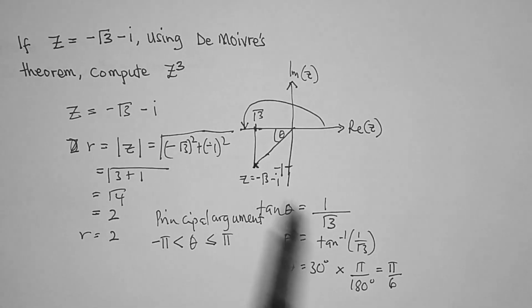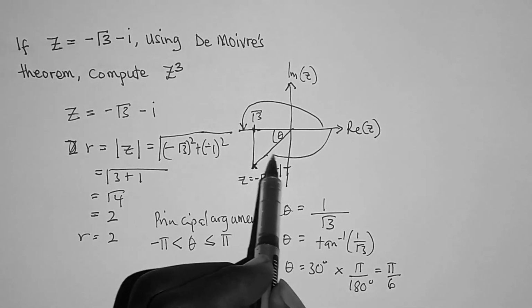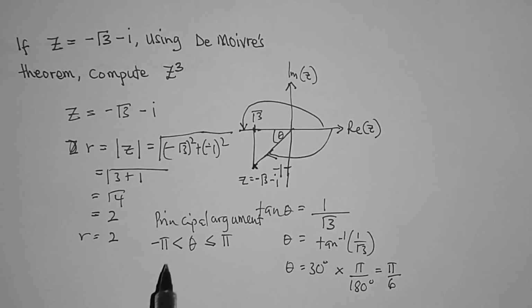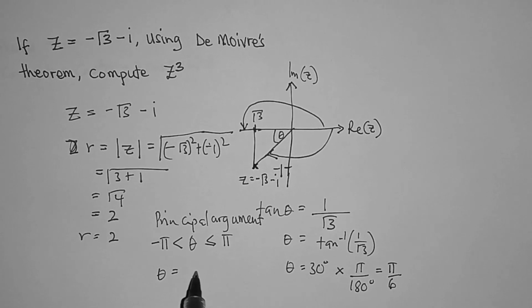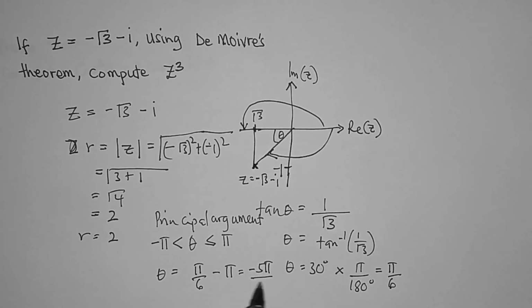So if we add pi over 6 to pi, it is greater than pi. Therefore, we start from this place, and that makes theta equal to pi over 6 minus pi, and this is equal to minus 5 pi over 6.